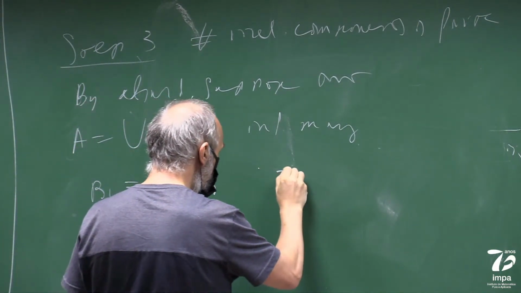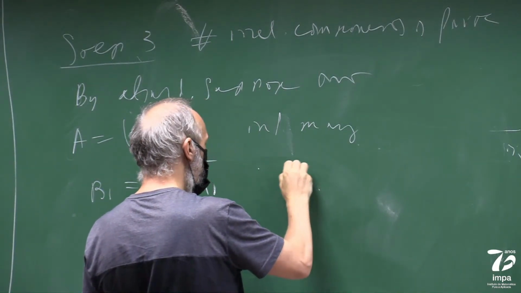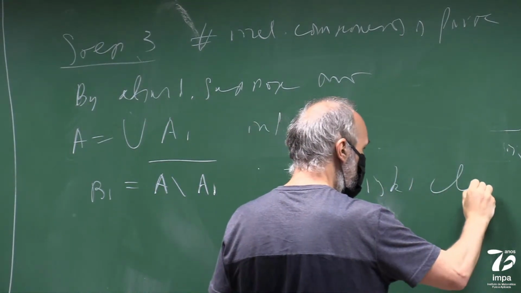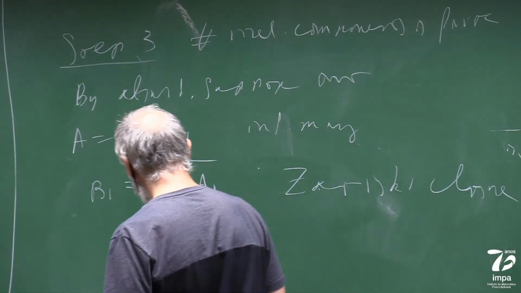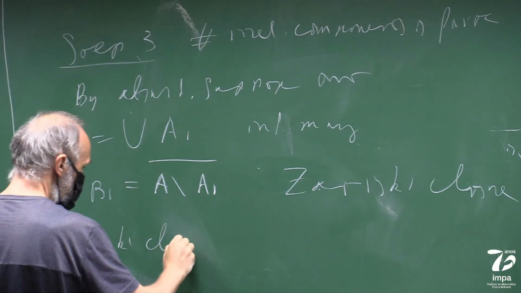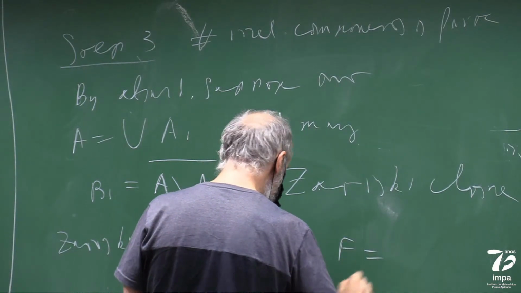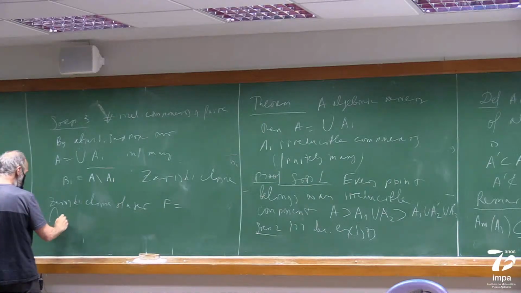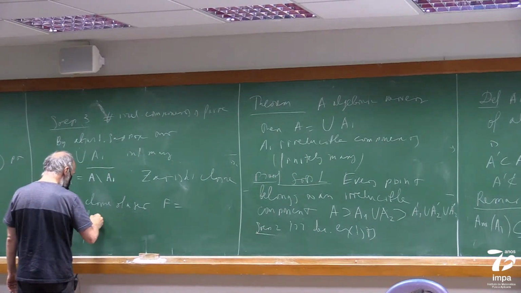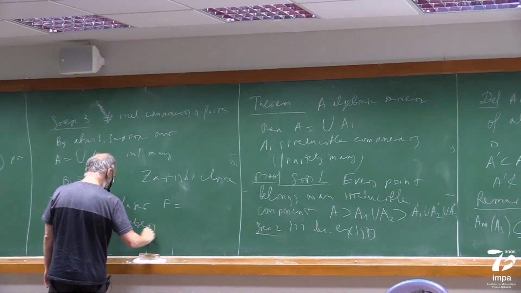Let me define it. It's a bit like the usual topological closure. The Zariski closure of a set F is the intersection of all algebraic subsets containing F.